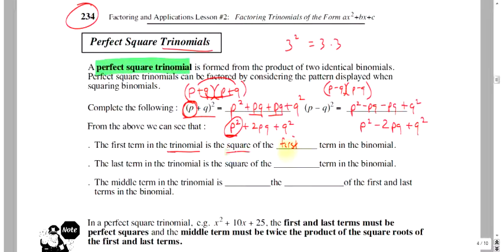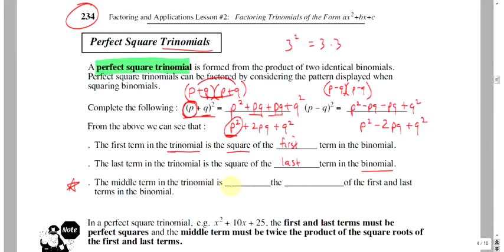So this is the square of the first term in the binomial, right? The last term in the trinomial, that's q squared, is the square of the last term in the binomial. q times q is q squared, right? Square root of q squared is q. That's all they're saying.